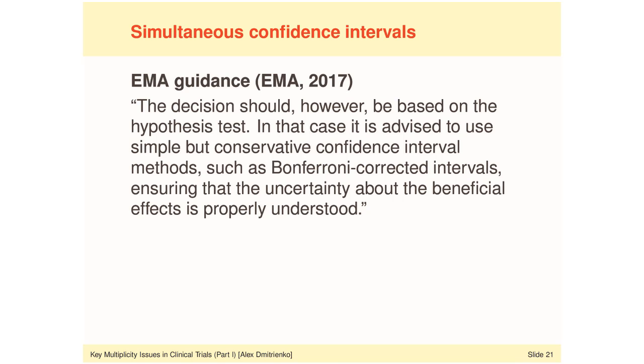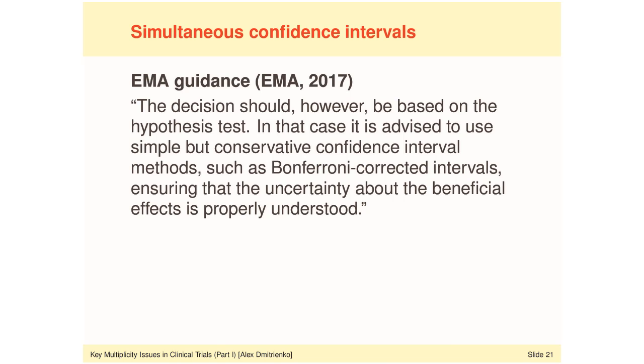Well, this would be the case when the corresponding null hypothesis is rejected by the Holm, but the Bonferroni procedure fails to reject this hypothesis. For example, the second ordered hypothesis in the example that we discussed just a couple of minutes ago. So this is in fact a problem, and to be honest, it's not entirely clear how to approach this problem in practice. Looking at this recommendation from the EMA guideline on multiplicity in clinical trials, I think it may be cleaner, if you will, to present multiplicity adjusted p-values based on the most efficient multiple testing procedure.